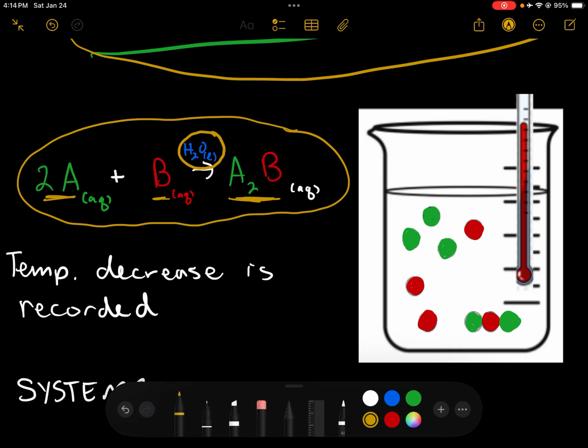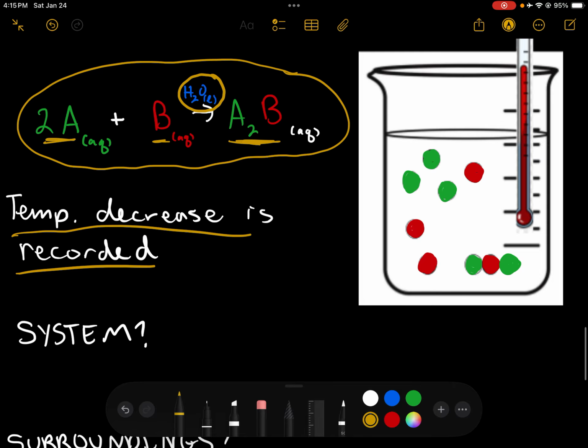It's necessary for the reaction to happen, but the water is not itself part of the reaction. So it is part of the surroundings. So with this reaction system, if we record a temperature decrease, that means that this thermometer is going to record that temperature is going down.